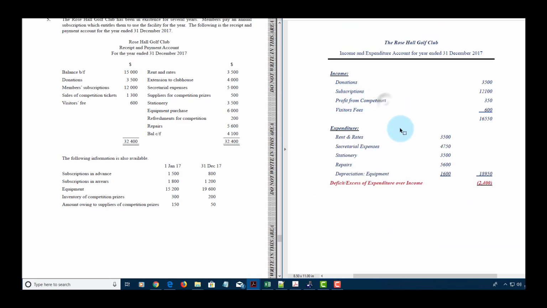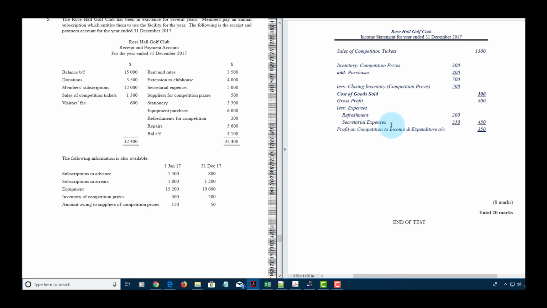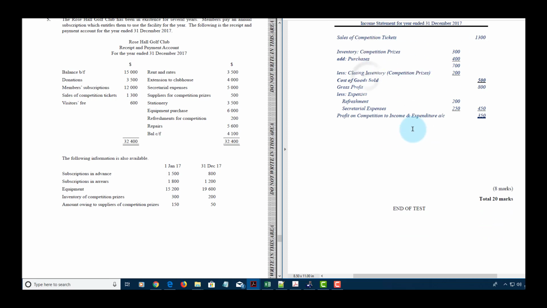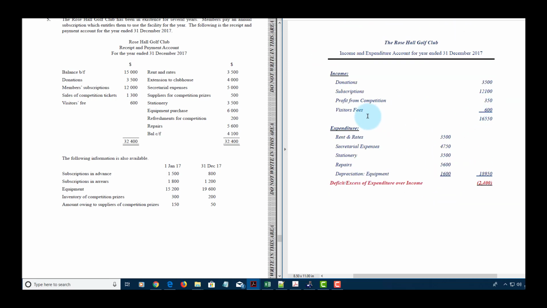We have profit from the competition, which is the final answer we obtained from our competition trading account or income statement. We have visitors fee, which is also from the receipts and payment account. So we add all of these income together, we get a total of $16,550, and we subtract our expenses.